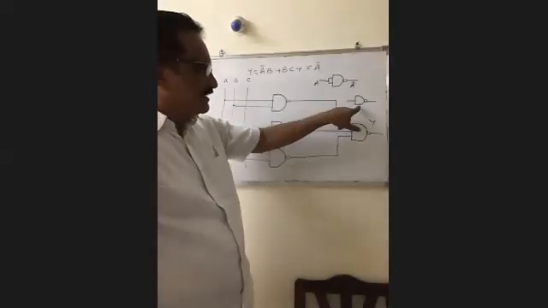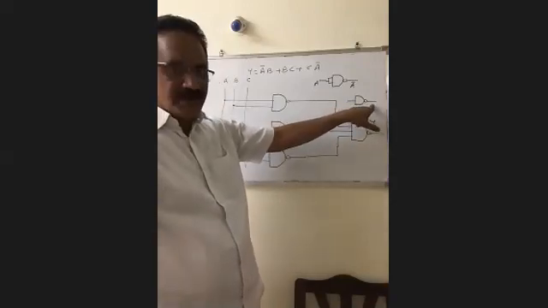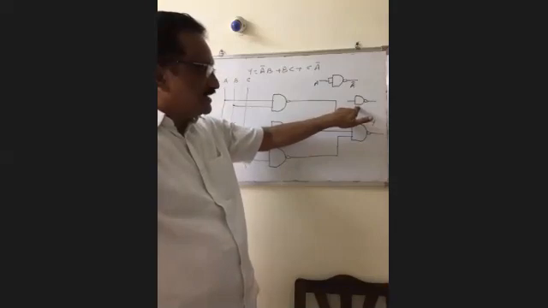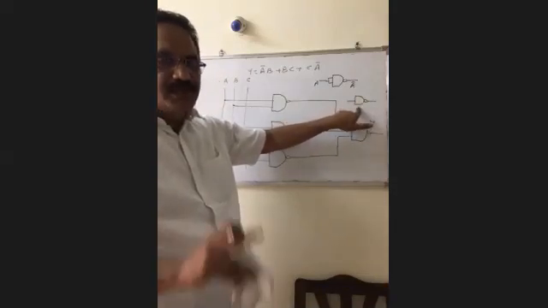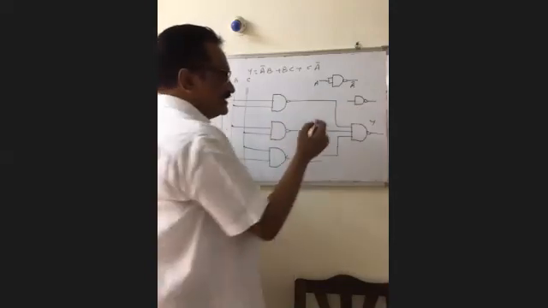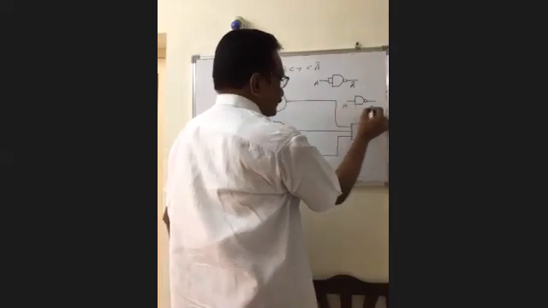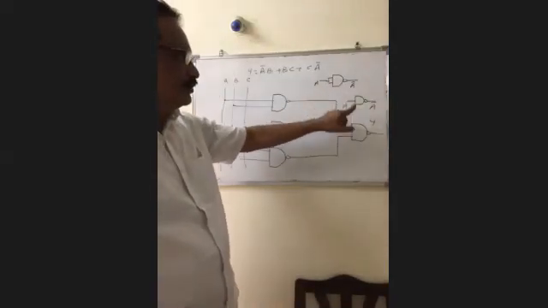Actually, it looks like an AND gate symbol. It has only one input and one output. So it indicates that it is a 2-input NAND gate, both the inputs are shorted, so it acts as a NOT gate. Both are the same, no doubt in that one.